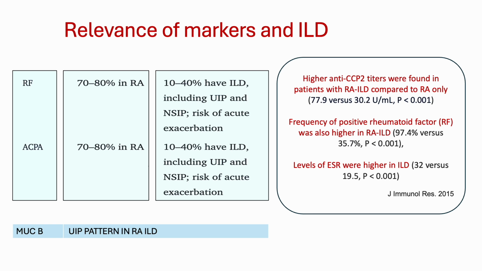Is there a specific value that one can say is showing that this patient may have RA-ILD? Answer is no. But yes, the higher the values, advancing age, longer duration of symptoms, already on medications, not improving symptoms, please do suspect that there could be a lung involvement.